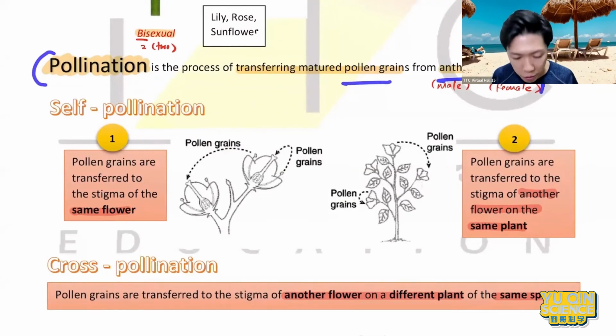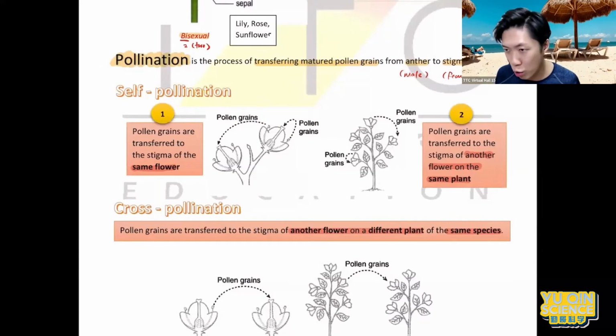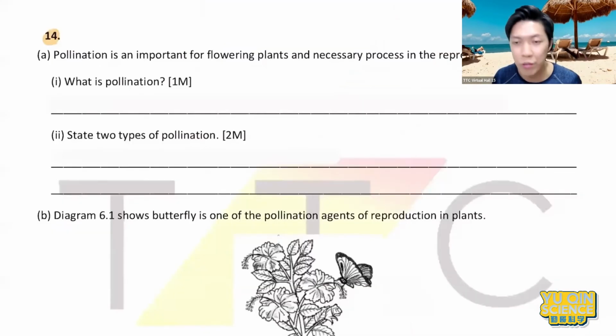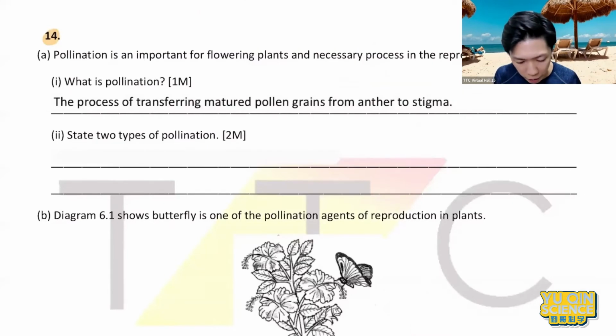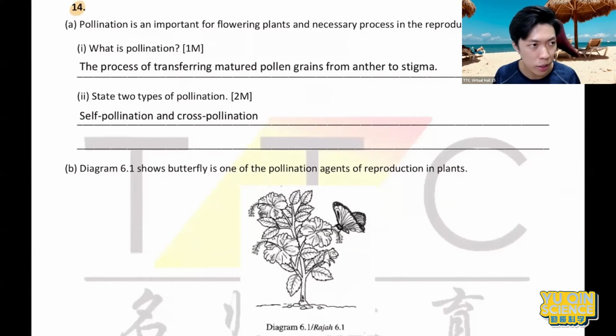And there are two types of pollination: either self-pollination or cross-pollination. Self means in the same tree, a different flower but in the same tree. But cross-pollination has to be a different tree or different plant, which is the durian I mentioned just now. Okay, now next.